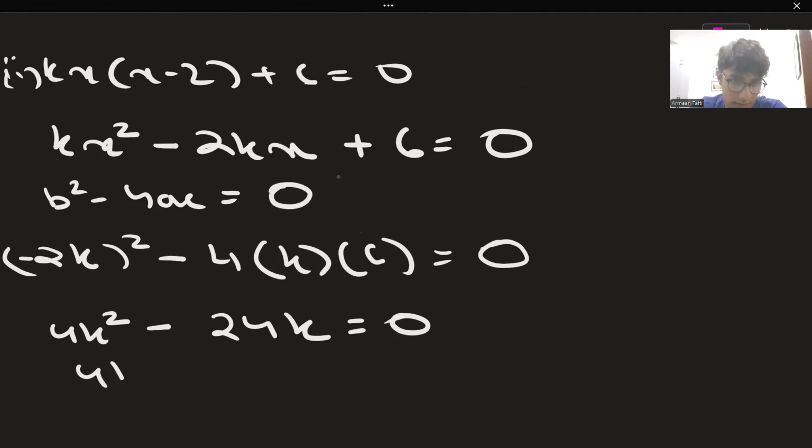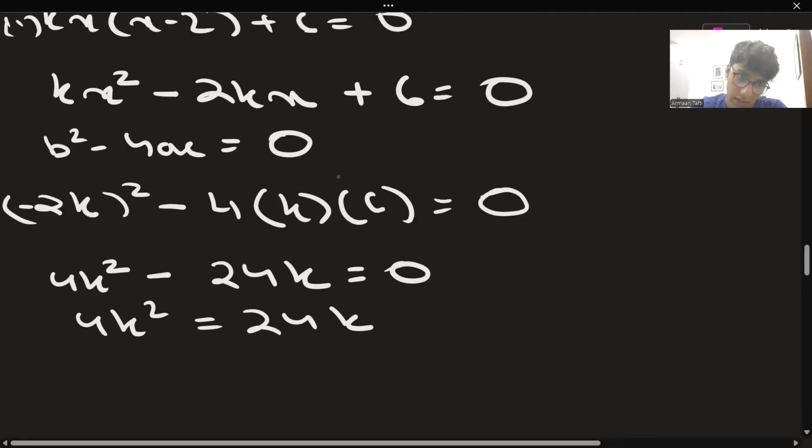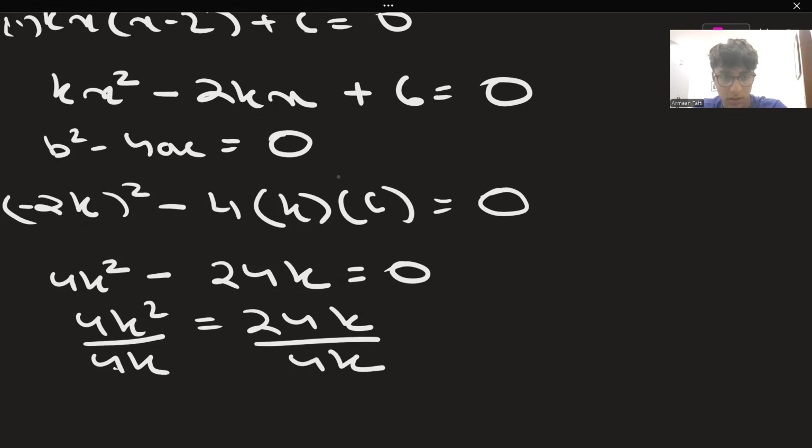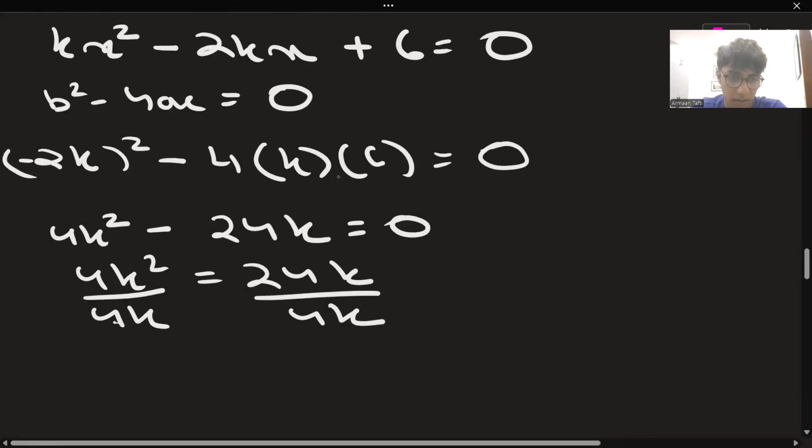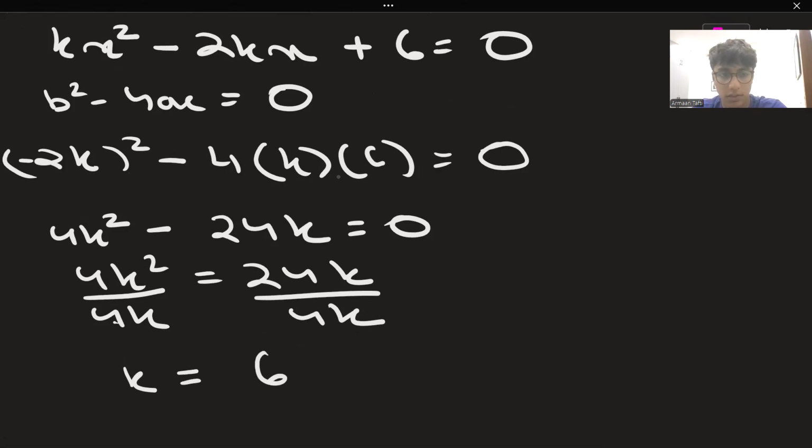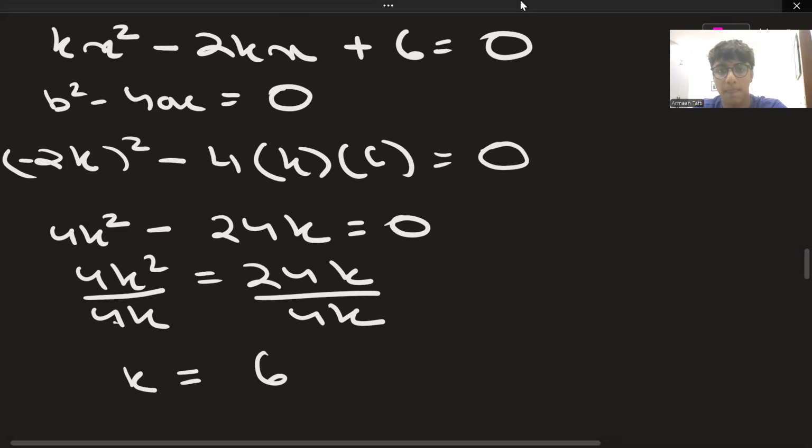So 4k squared equals 24k. If we divide by 4k on both sides, we get k equals 6.